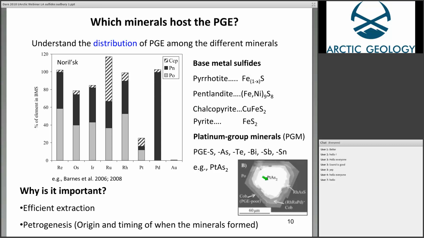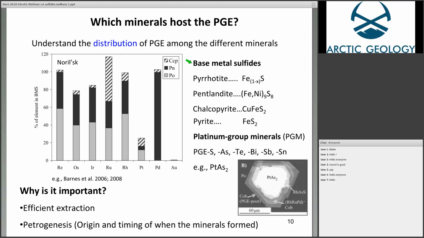However, this is a spherulite, platinum arsenide, which contains about 50% platinum, even though it's very small volume. Or do you target the base metals that might contain a few tens or 100 ppm of palladium, such as in pentlandite? So in order to do that, you want to analyze in situ the trace elements and the PGE in the different minerals, specifically the base metal sulfides listed here.